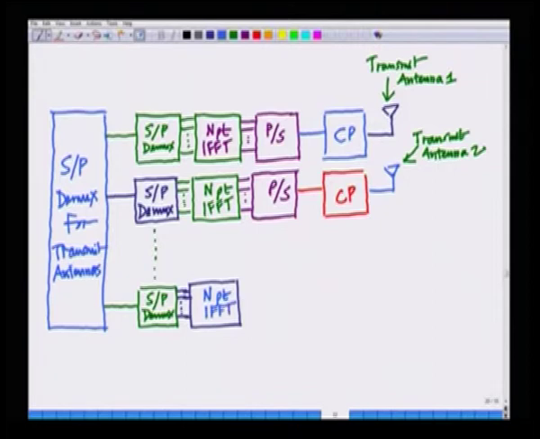Now, I have to again multiplex these, parallel to serial, I multiplex all of them into the same line.